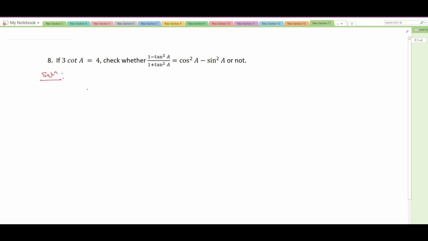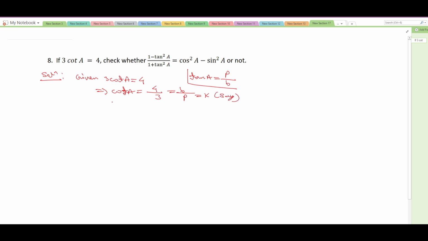Solution. Given cot A equals 4 by 3. Since tan A equals p by b, cot A equals b by p. Let this be equal to k, where k is a positive constant.